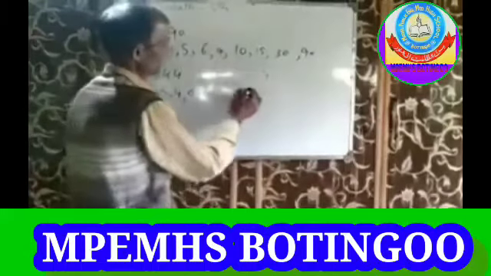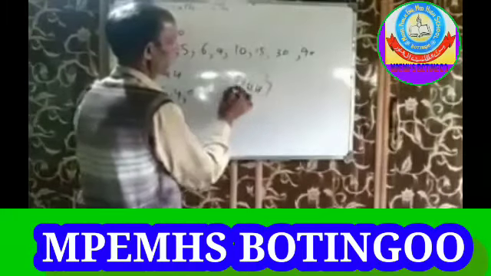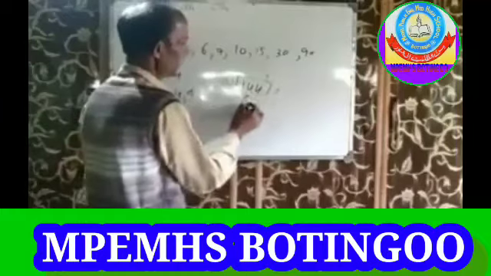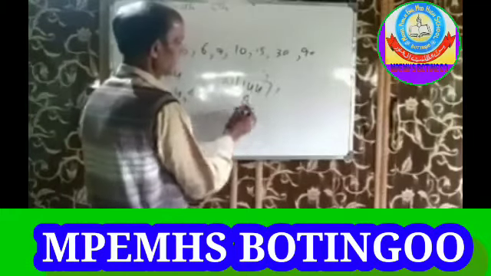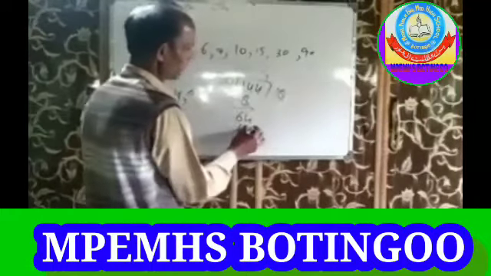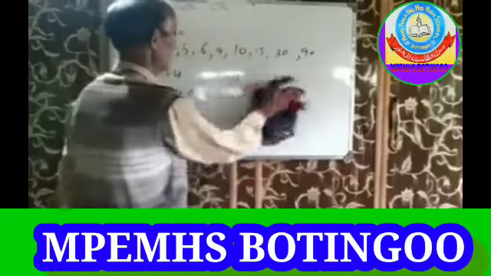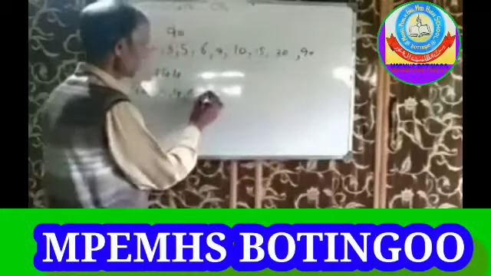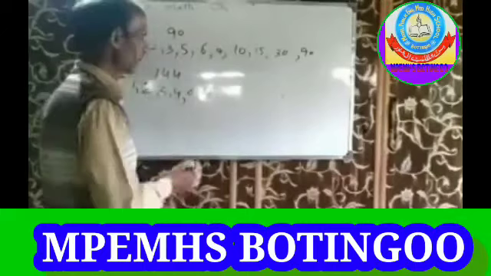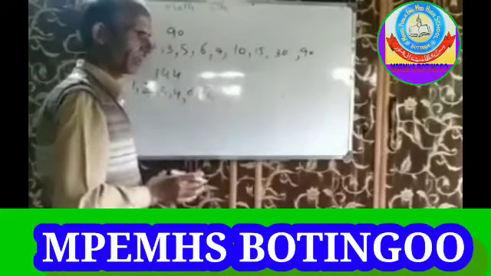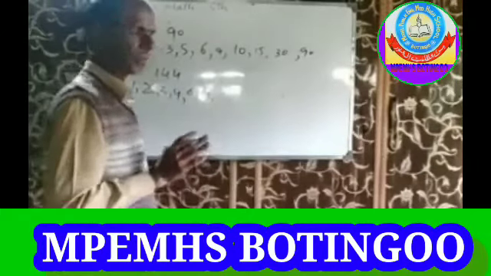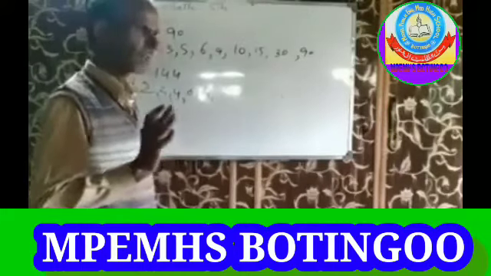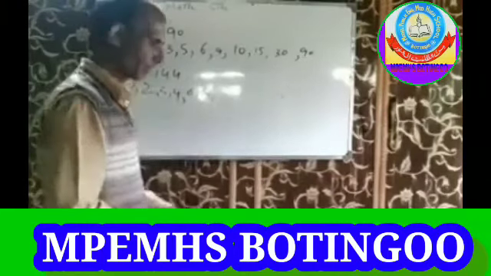Then we see 8. 8 1s are 8. 8 8s are 64. We have just proved that 8 is also a factor of 144. 9 is not a factor. 10 is not a factor of 144. 11 is not a factor of 144.